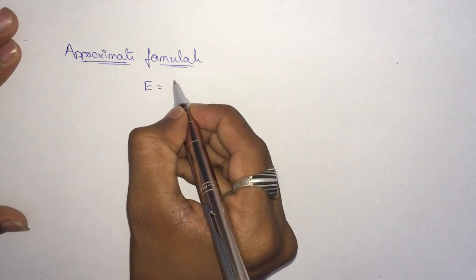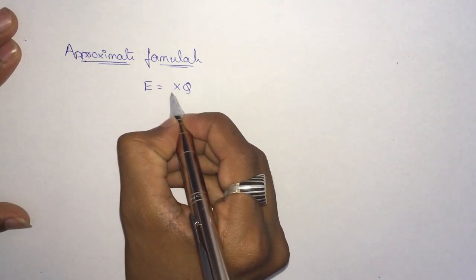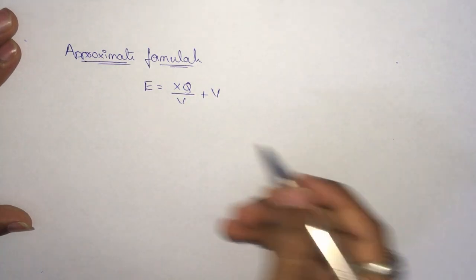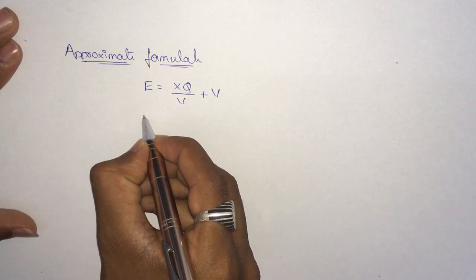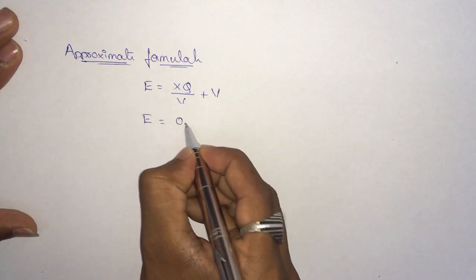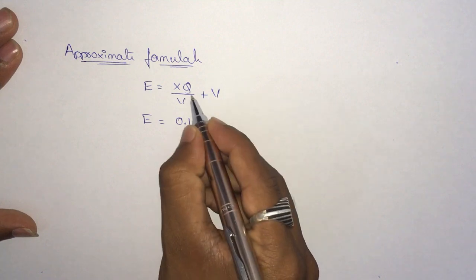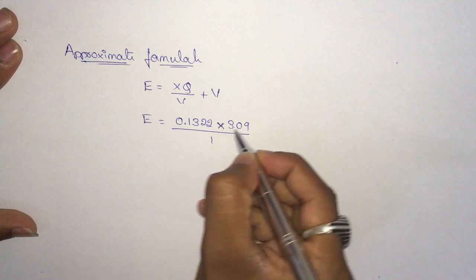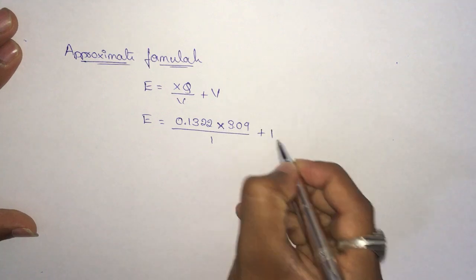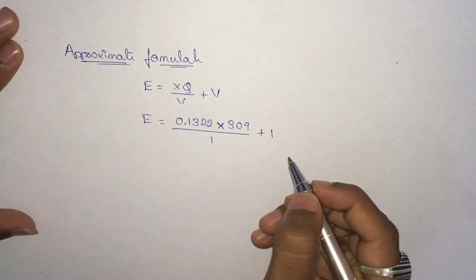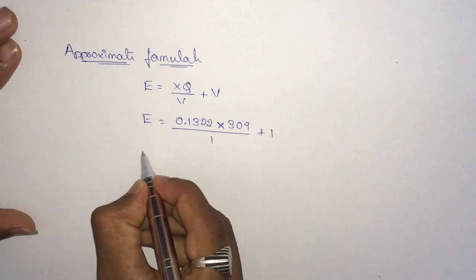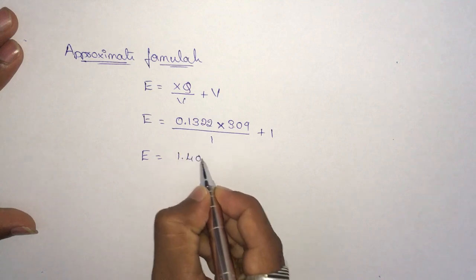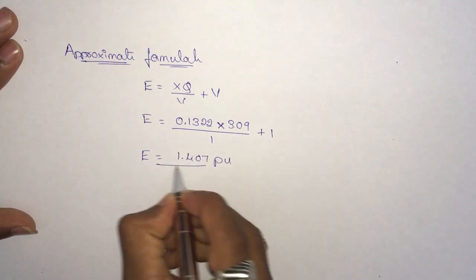then voltage E is equal to X into Q divided by V plus V, which is the approximate formula. E is equal to X value is 0.1322 into Q is 3.09 divided by 1 plus 1. On solving this, we will be getting E is equal to 1.407 per unit.